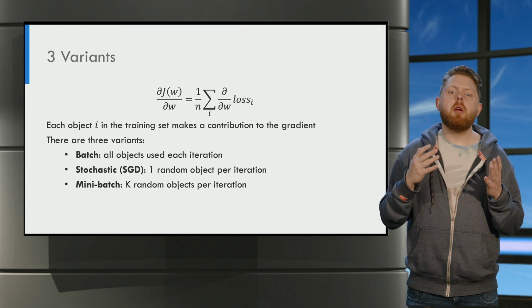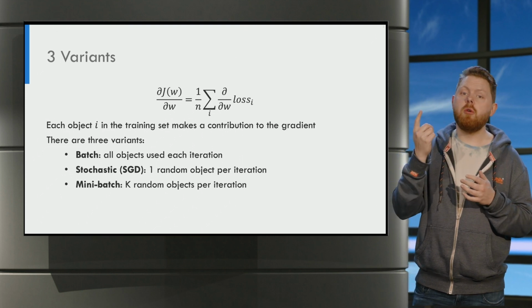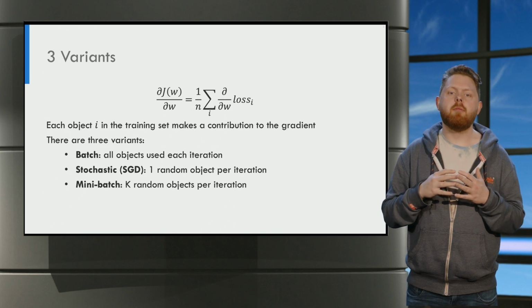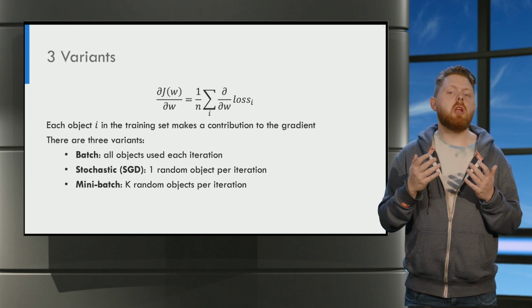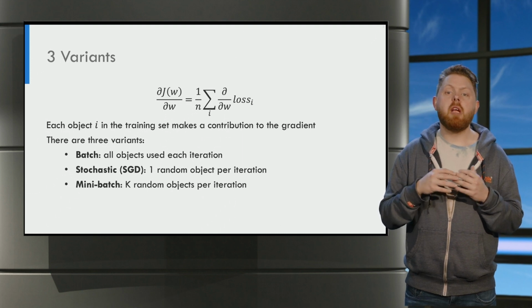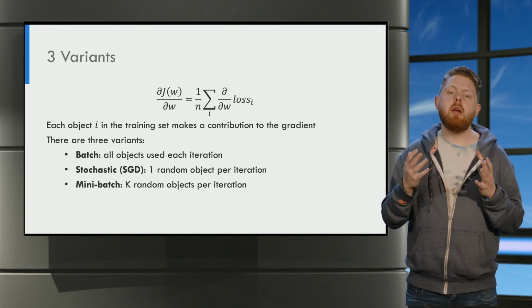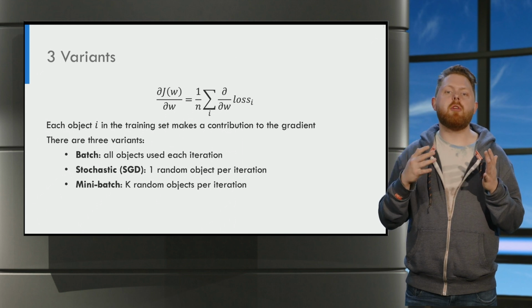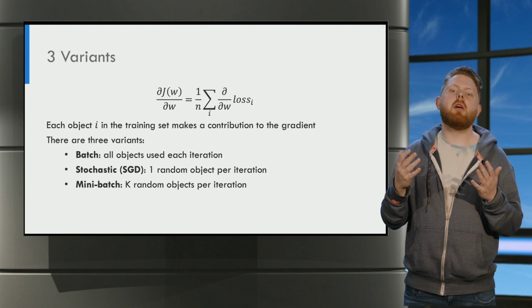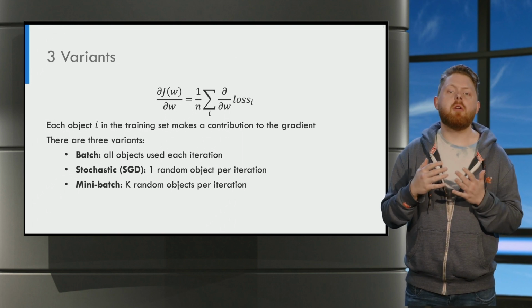For SGD, we only use a single randomly selected training object for our update. The third option is called mini batch gradient descent. For this variant, we take k randomly selected objects of the training set, compute their gradients, sum them together and use the resulting vector for the update.